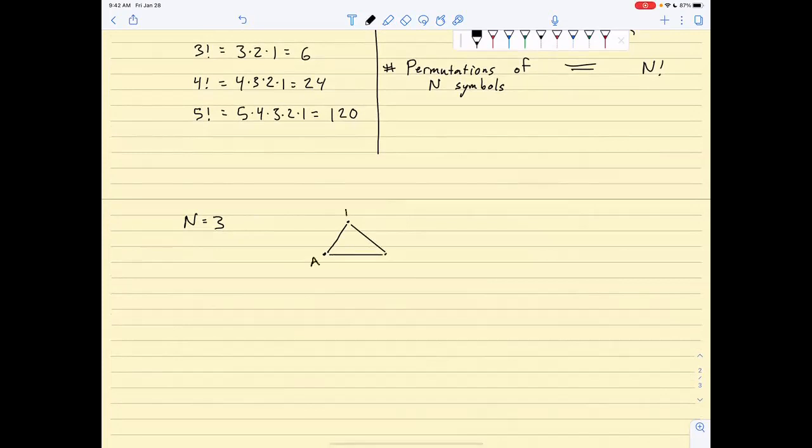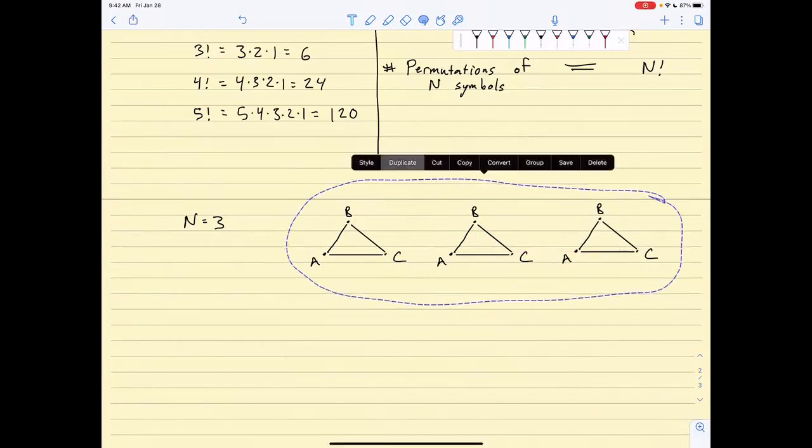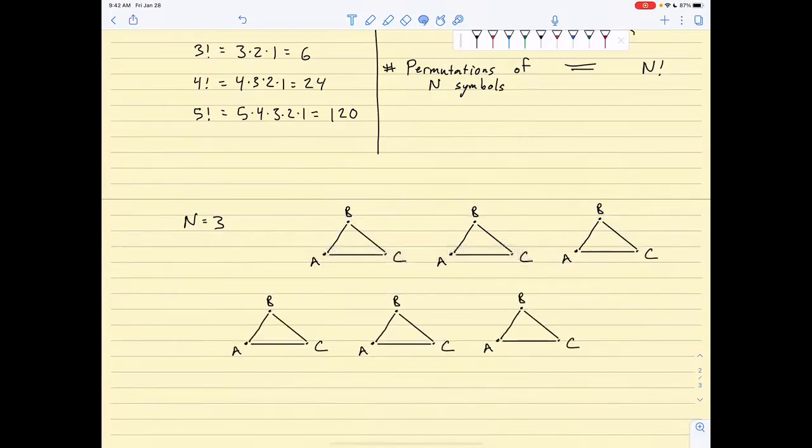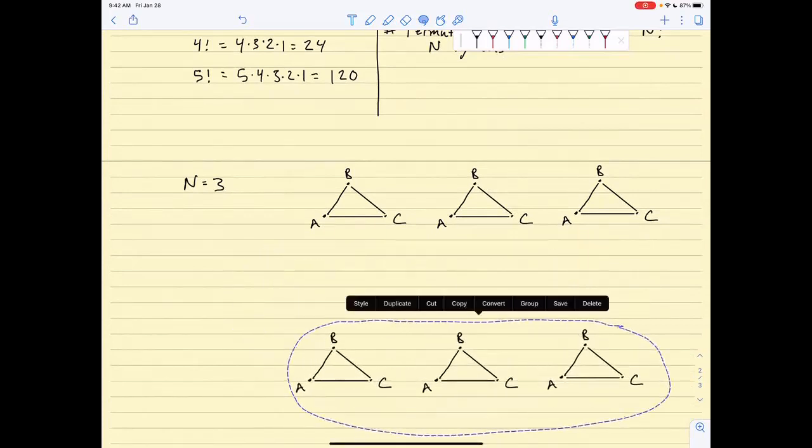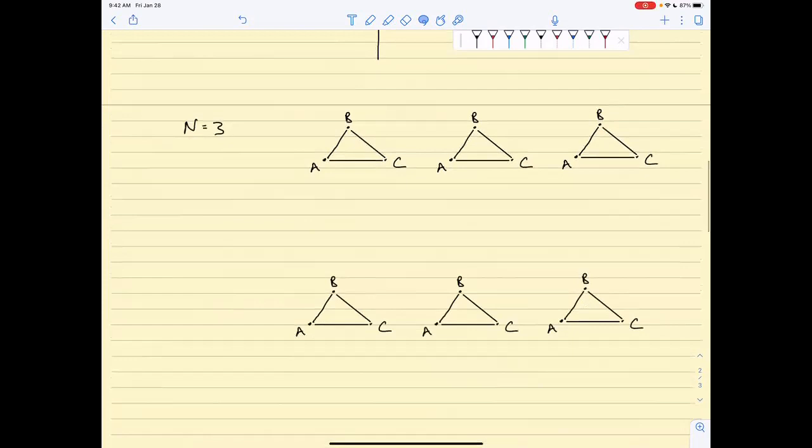And I'll label the vertices A, B, C. Let me make 6 of these by the magic of iPad. 6 is certainly 3 factorial, right?